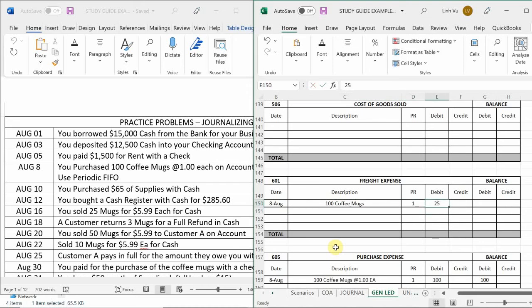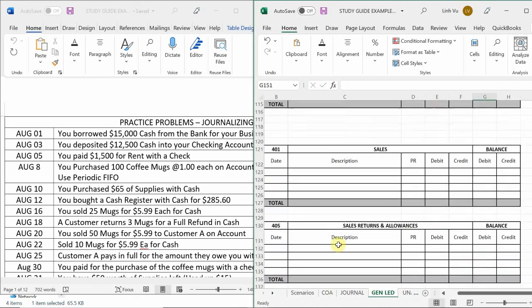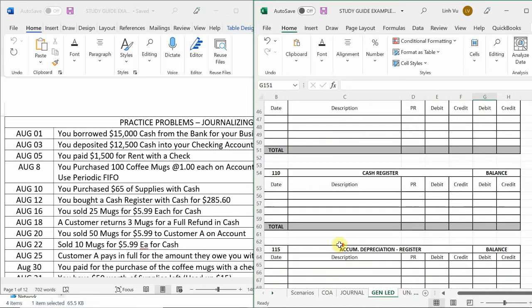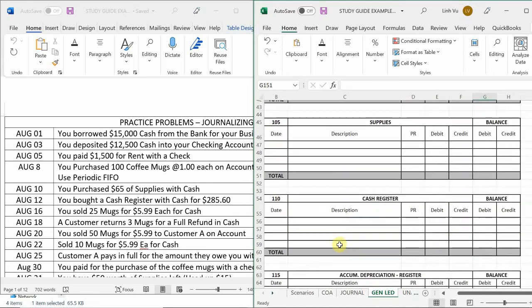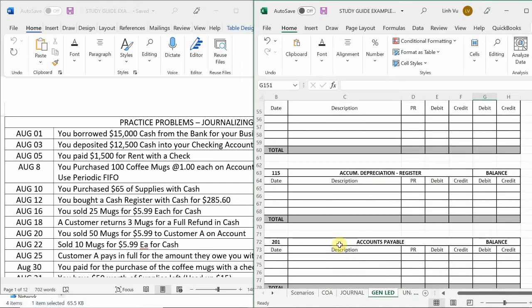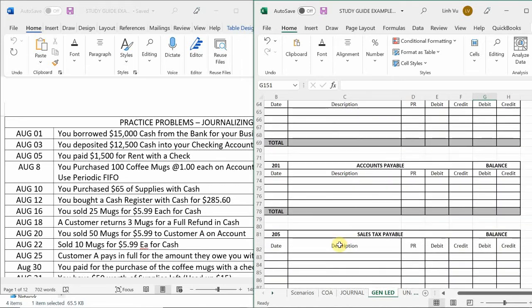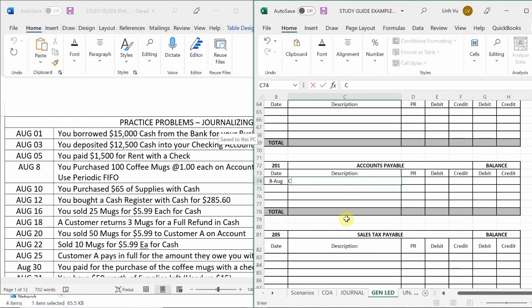Oops. And we also have accounts payable. Coffee mugs for 125.